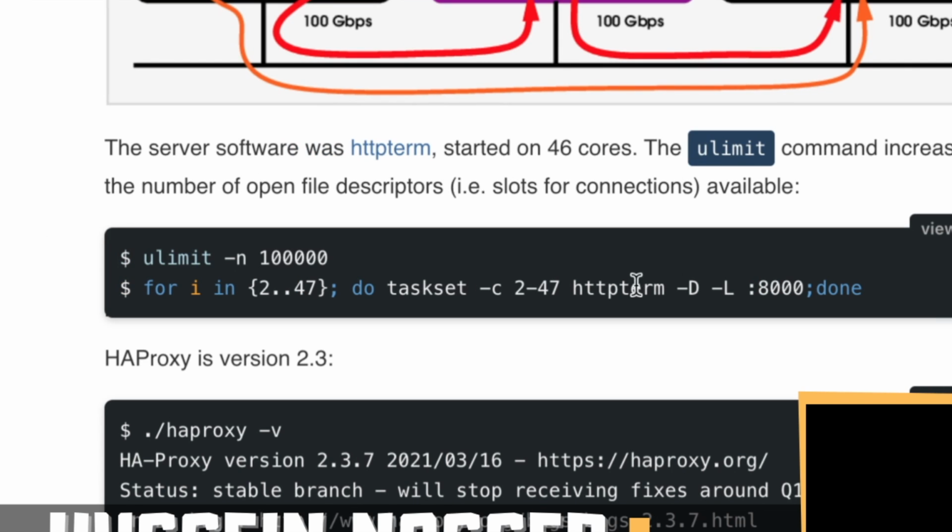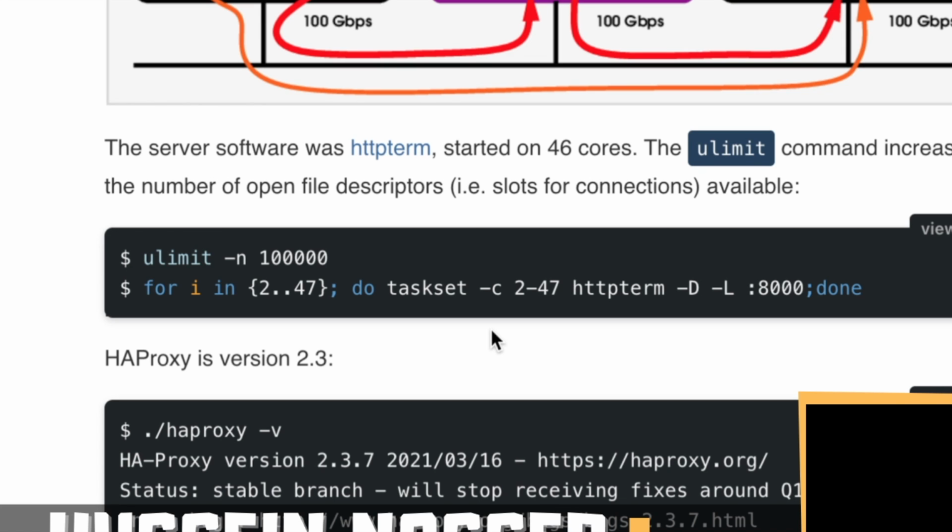Update the user limit using ulimit -n 100,000, as much as you can. And then, using taskset, spin up this many HTTP instances through cores 2 to 47, because those are the cores we're going to work with, on port 8000.